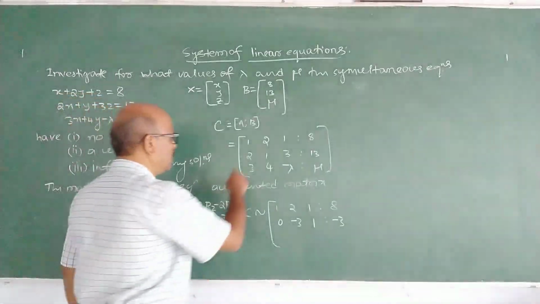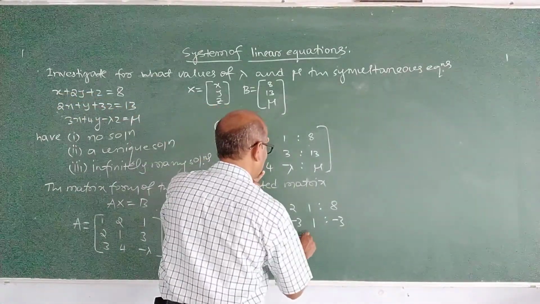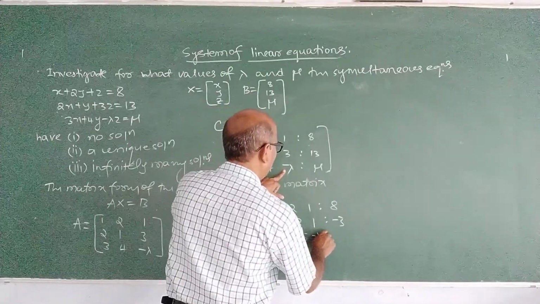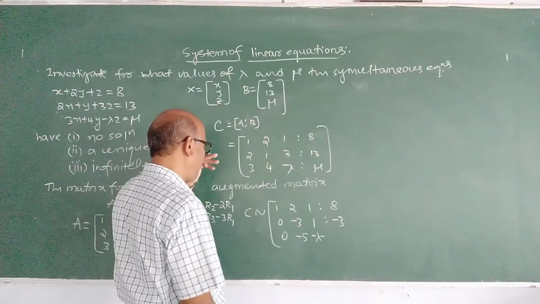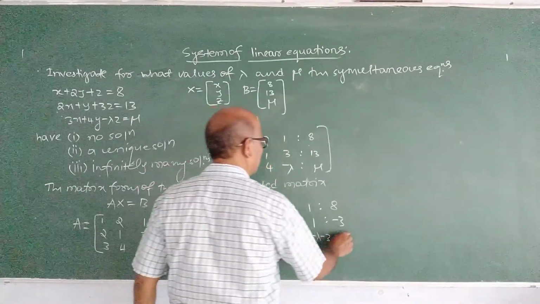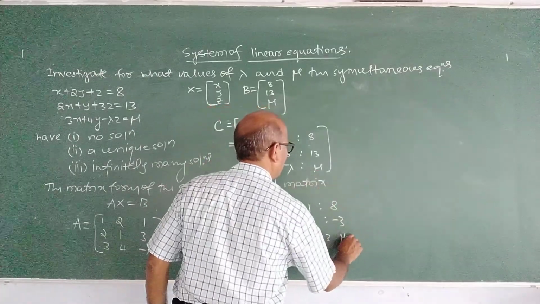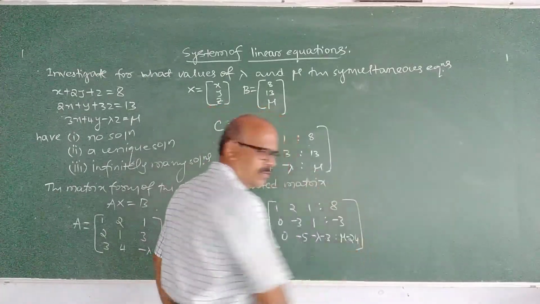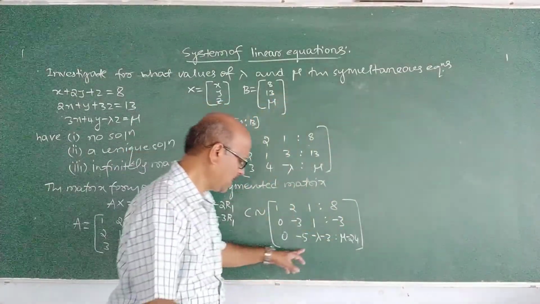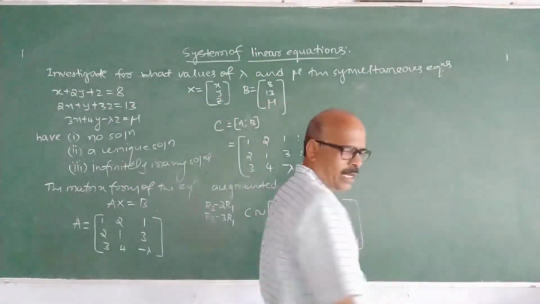Third row: 3 minus 3 is 0, 4 minus 6 is minus 2, minus lambda minus 3, and mu minus 24. Let me verify whether I get the correct result here. Mu minus 24, yes.